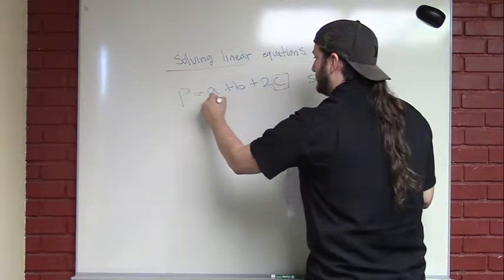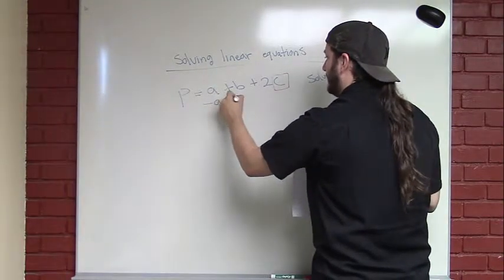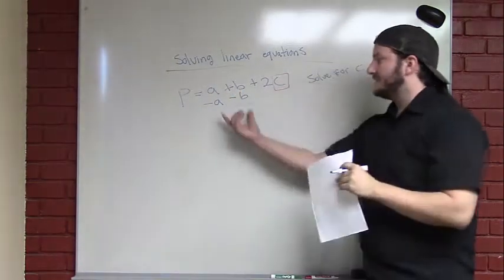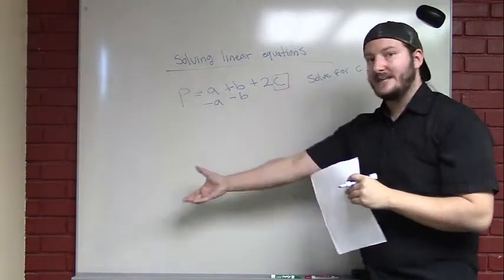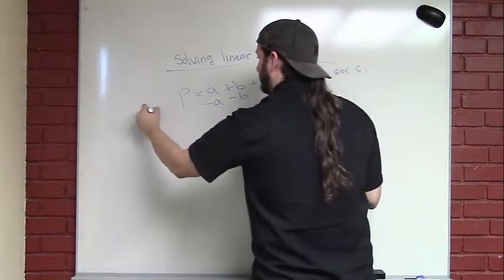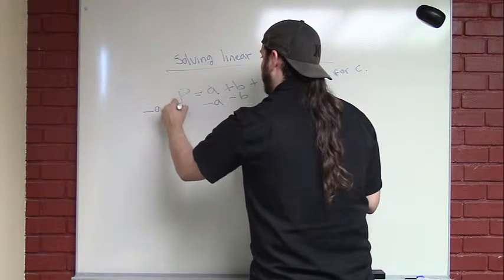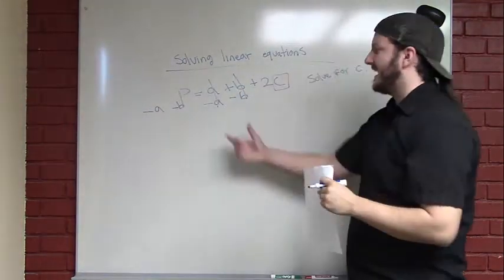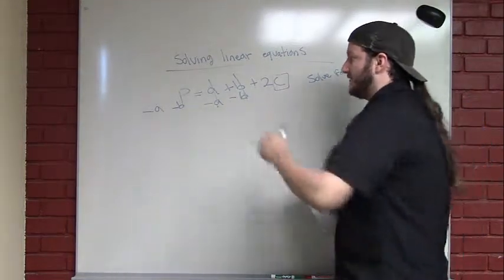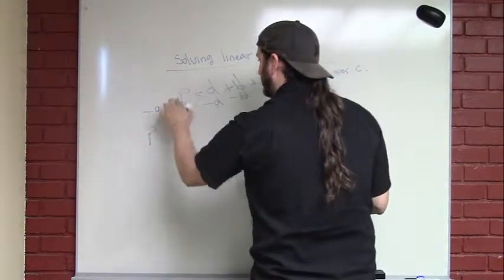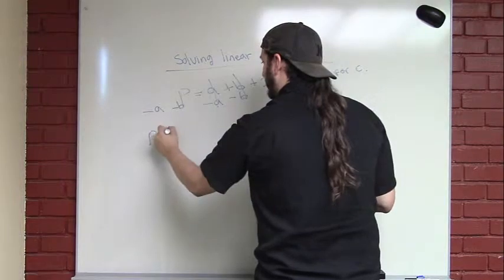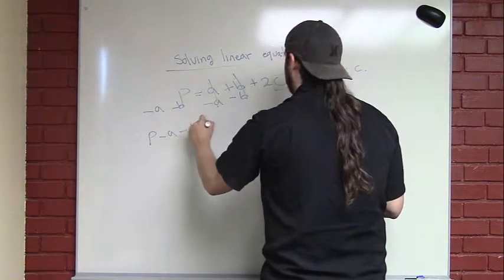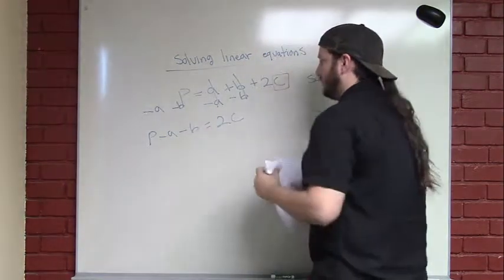So what you're gonna do is you're gonna subtract A and you're gonna minus B. I'm gonna do this all in one step, okay? So on our right side, our A's and our B's cancel. And what do we have on our left? On our left, we're just gonna have P minus A minus B equals C.